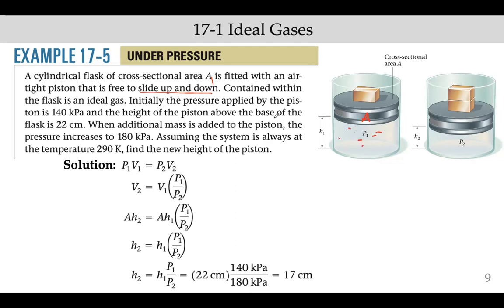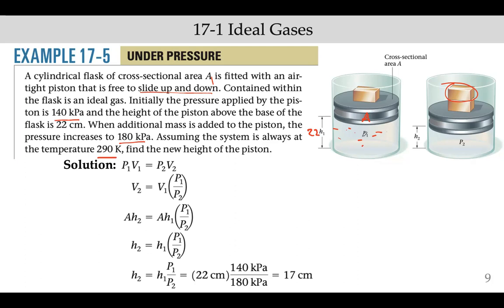Initially, the pressure applied by the piston is 140 kilopascals, and the height of the piston above the base of the flask is 22 centimeters. When additional mass is added, as you can see, the pressure increases to this value. Assuming the system is always at the temperature 290 kelvins, find the new height of the piston.